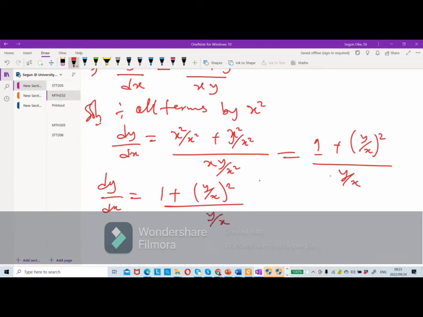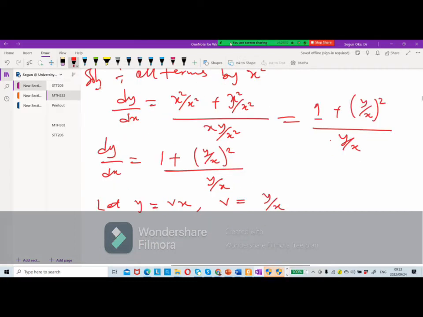So in this case, let y equal vx. Then I can say my v is equal to y over x. So it made my journey simple. See, for this particular topic, nobody will tell you this is the only way you can do it.